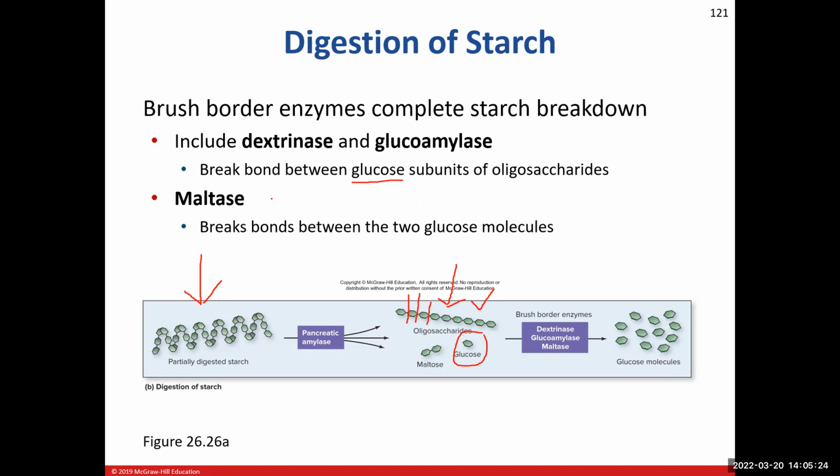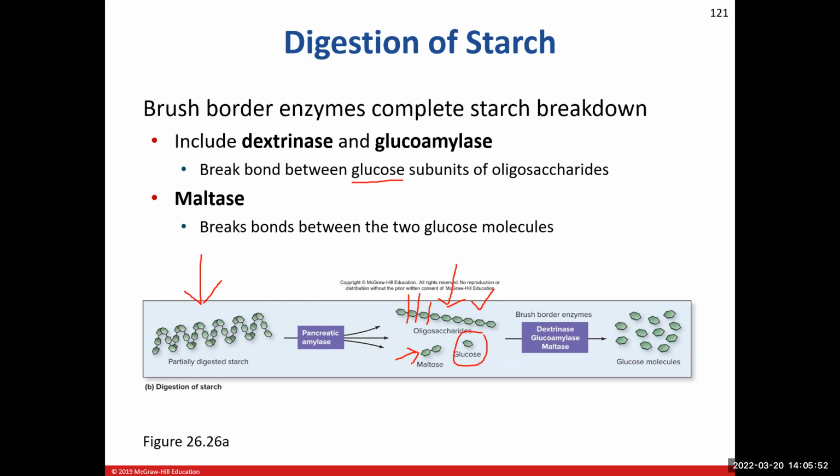Now keep in mind, a lot of these enzymes are named after the sugars or carbohydrates that they interact with. So maltase is going to break down maltose into two glucose molecules. It's a disaccharide. Maltose is made up of two glucose molecules.